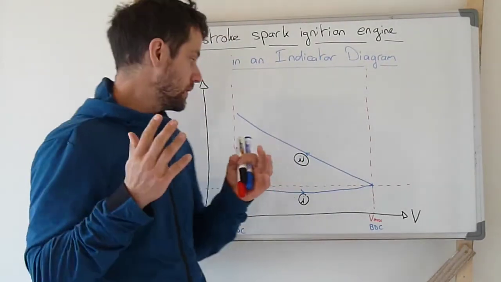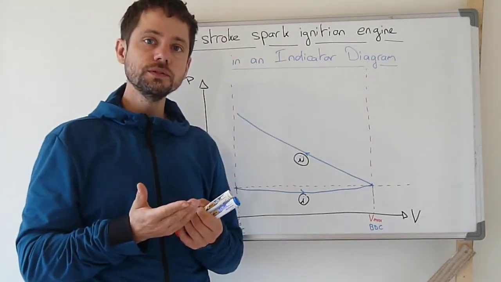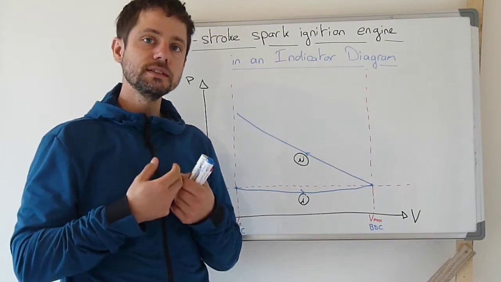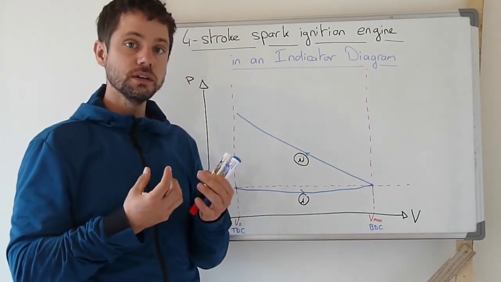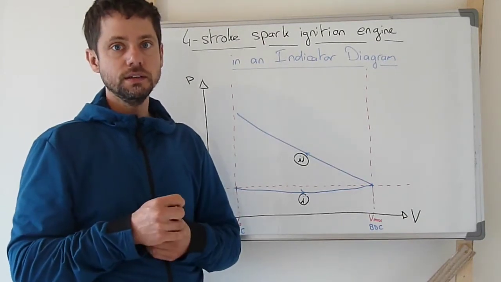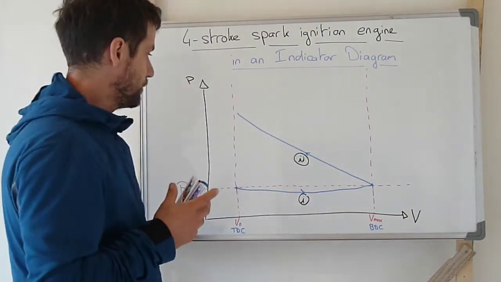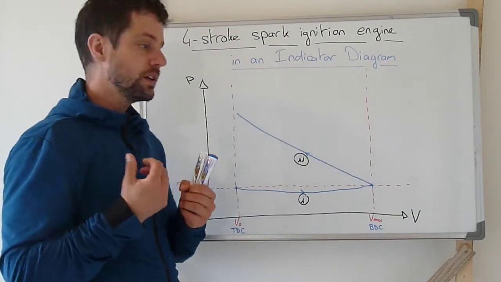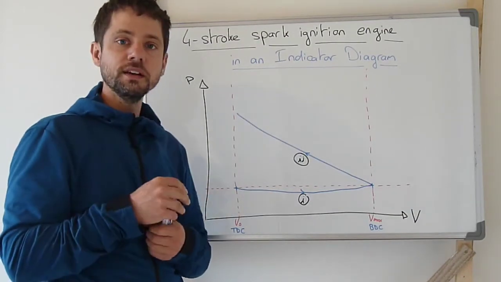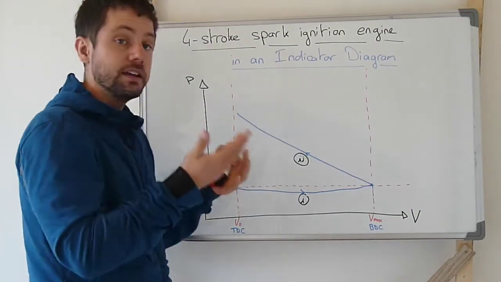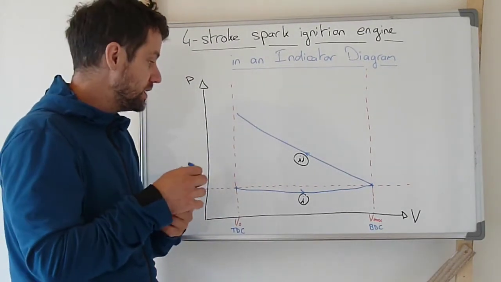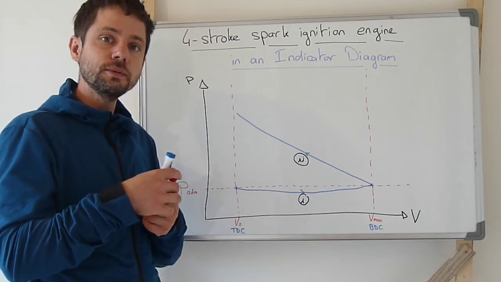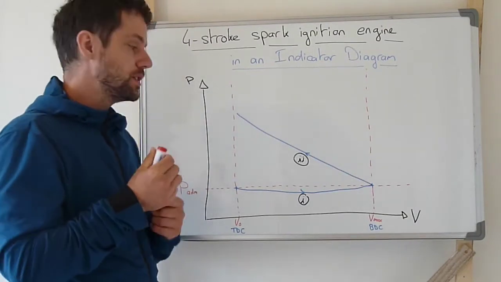Once the compression stroke is over, it's when we want to start the combustion, and so we want to have the ignition of the fuel. For this we use the spark plug, which will ignite the combustion at the top dead center, and in reality it's even a little bit before reaching the top dead center.